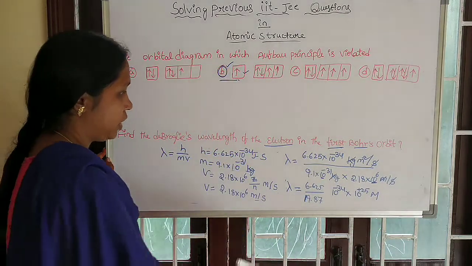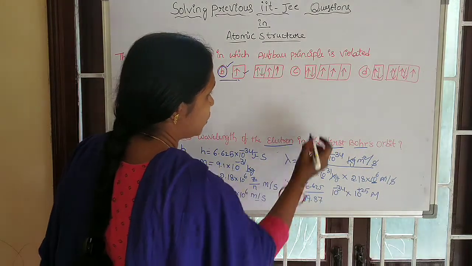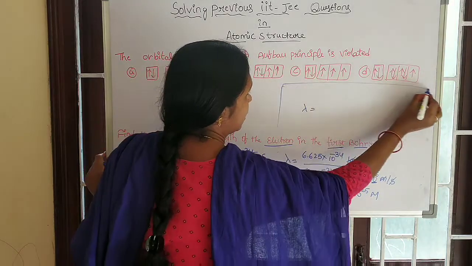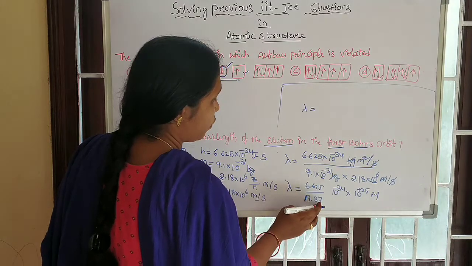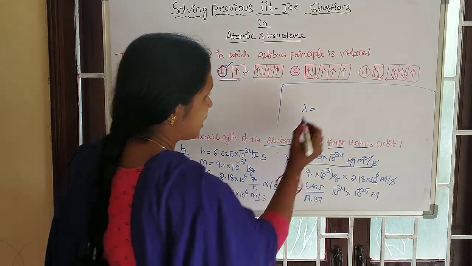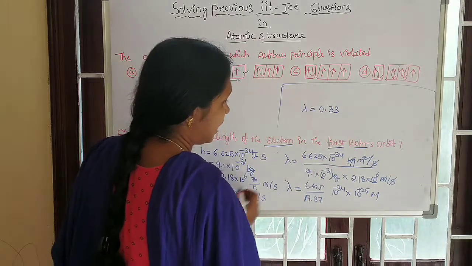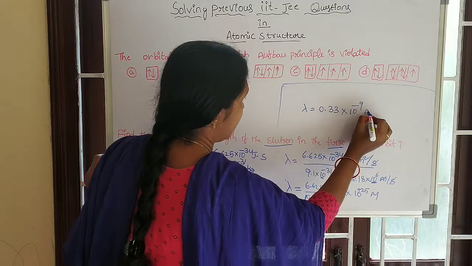Okay, here I will note. So lambda is equal to 6.625 by 19.875, which cancels to 0.33 like that, into 10 power minus 9 meter.